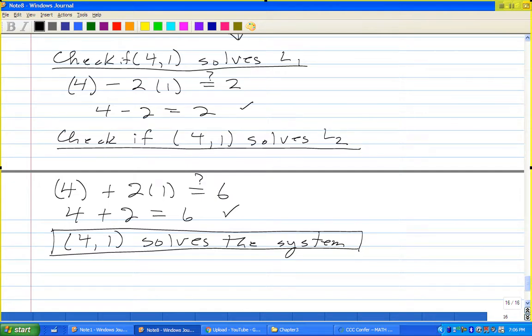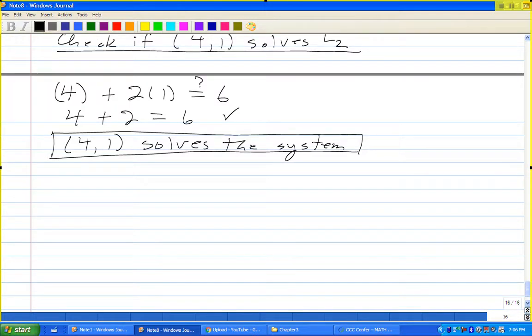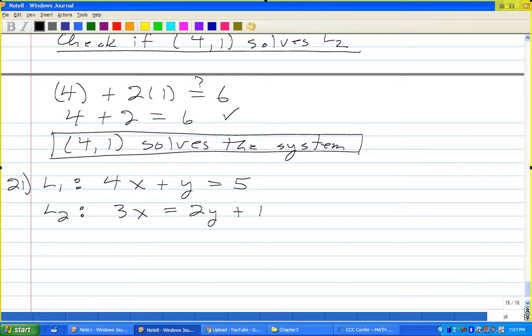Let me do problem number 21. Let's call the first one L1: 4x plus y equals 5. Let's call the second one L2: 3x equals 2y plus 12.